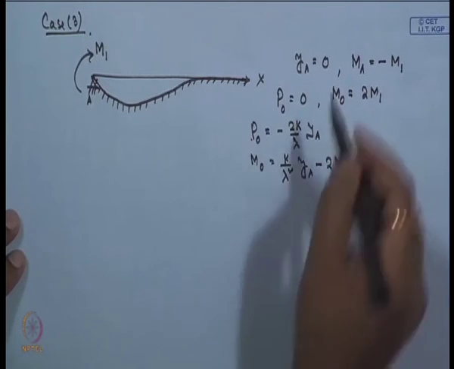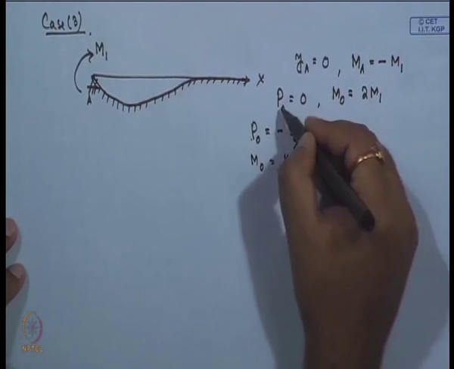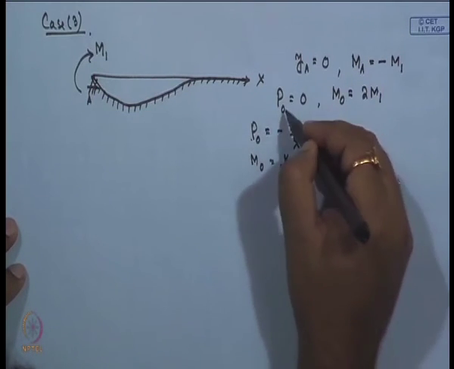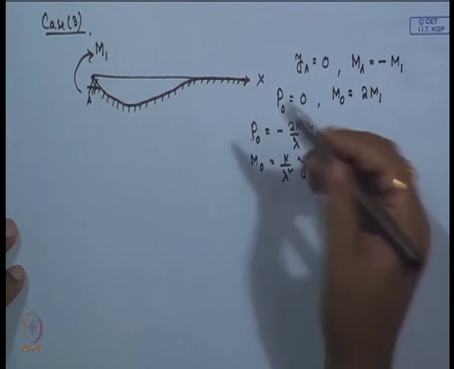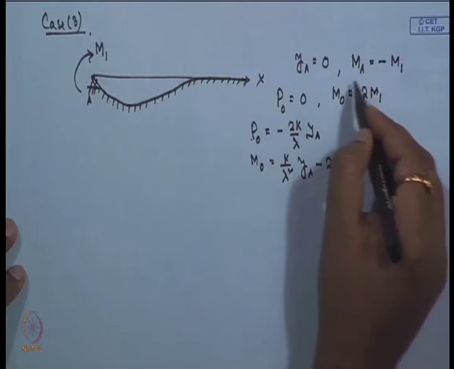So, now again if I use these two values, p 0 equal to 0, that means there will be no contribution from p 0, only the contribution of the concentrated moment will act here.